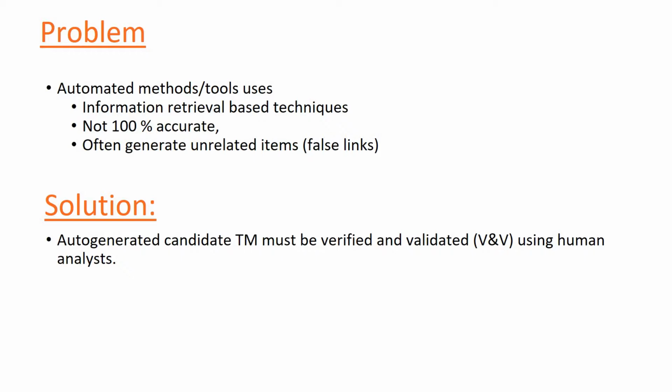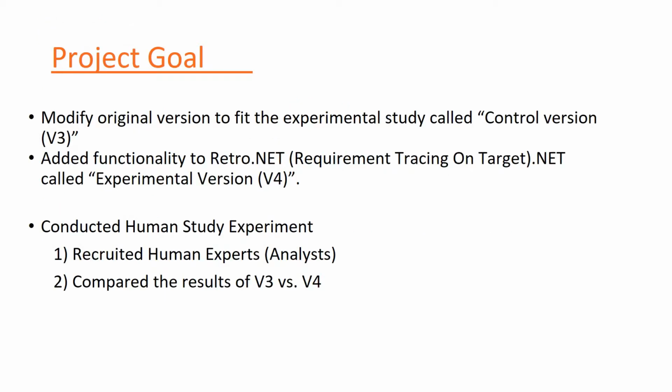Our one solution is that when we get these candidate traceability matrices out of the auto-generated tools, we have a human expert do the validation and verification. Our experiment is based on that. We have the Retro.net tool that was developed at the University of Kentucky by former students, which also generates a candidate traceability matrix between two artifacts.